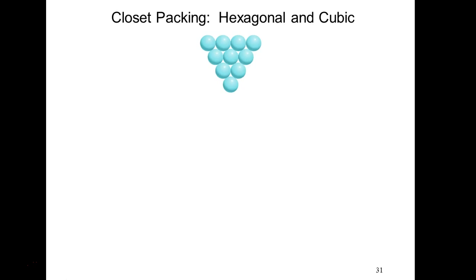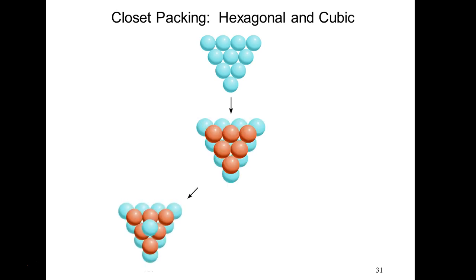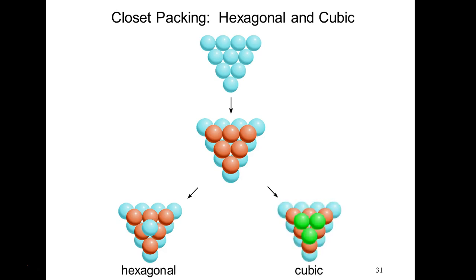So there's 2 types of closest packing, in which you can have a coordination number of 12 and 4 atoms per unit cell. There is hexagonal close packing and cubic close packing. It depends on which depressions you pack your spheres in.